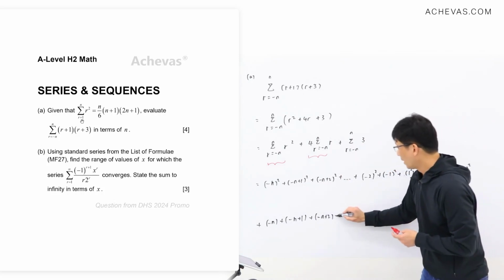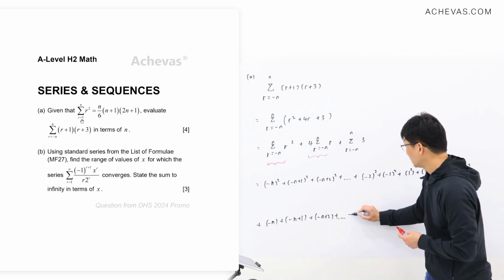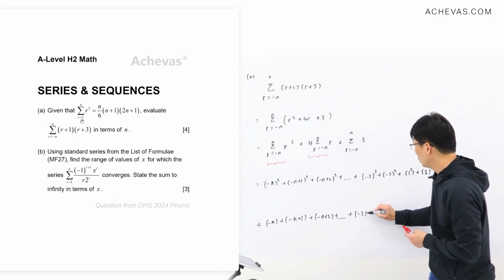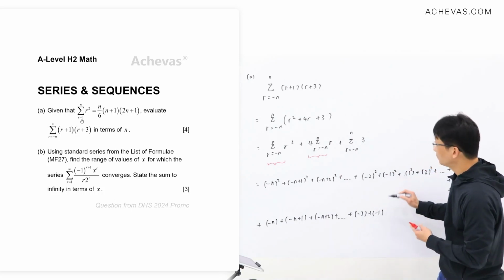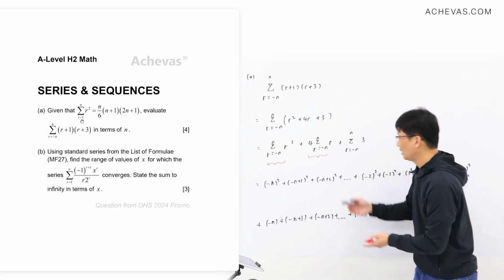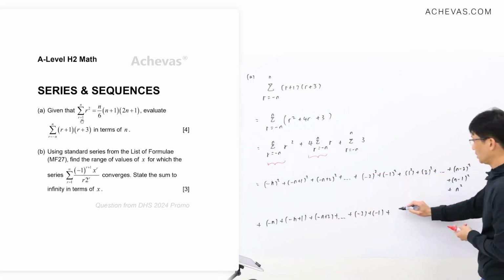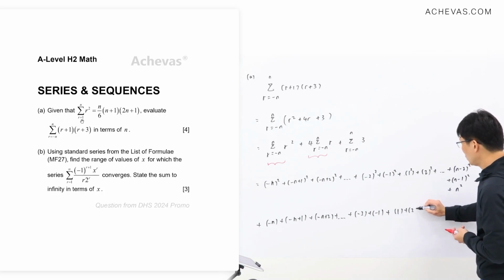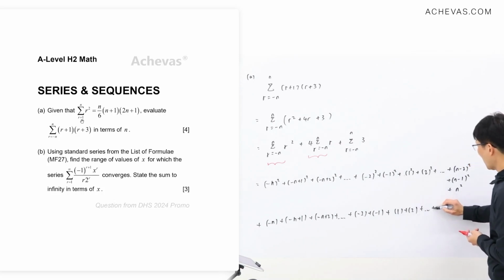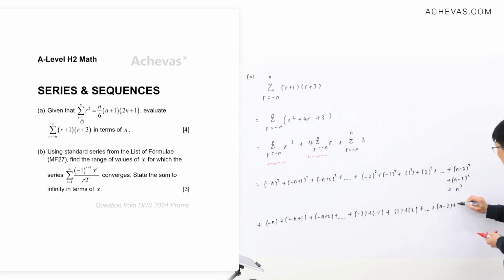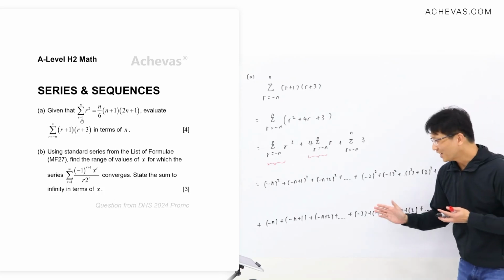And same thing here, plus I will get minus 2, minus 1. The 0th term I will not be writing, it's unnecessary. Then after that, it will just be 1, 2, all the way until n minus 2, n minus 1, plus n.